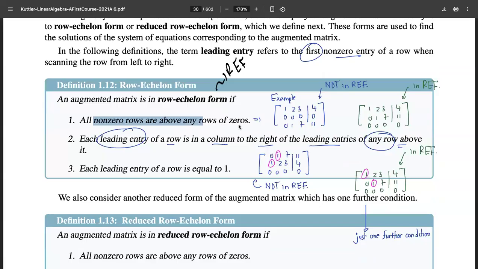But if I swap rows 2 and 3, it becomes REF form. The second condition is that each leading entry of a row is in the column to the right of the leading entry of any row above it. This means we want the leading entries to go from left to right diagonally.